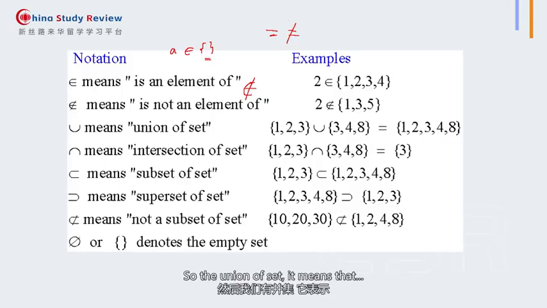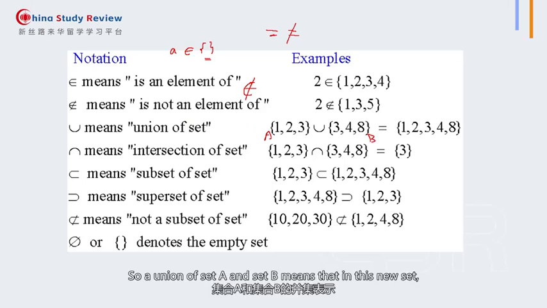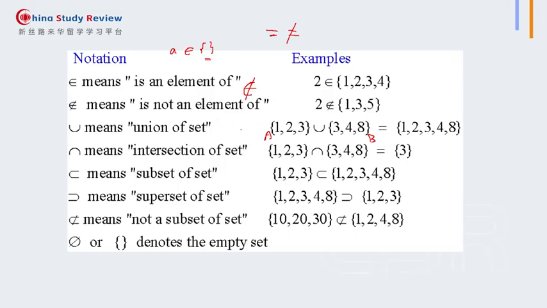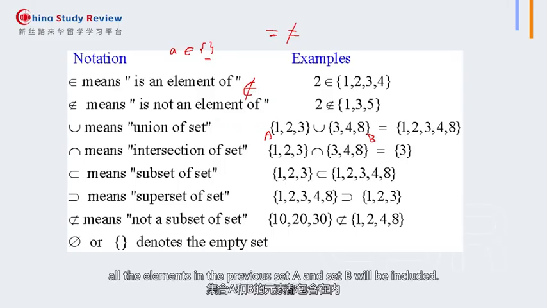The union of sets: let's say this one is set A, this is set B. The union of set A and set B means that they get united and form a new set. In the new set, all the elements in the previous set A and set B will be included.